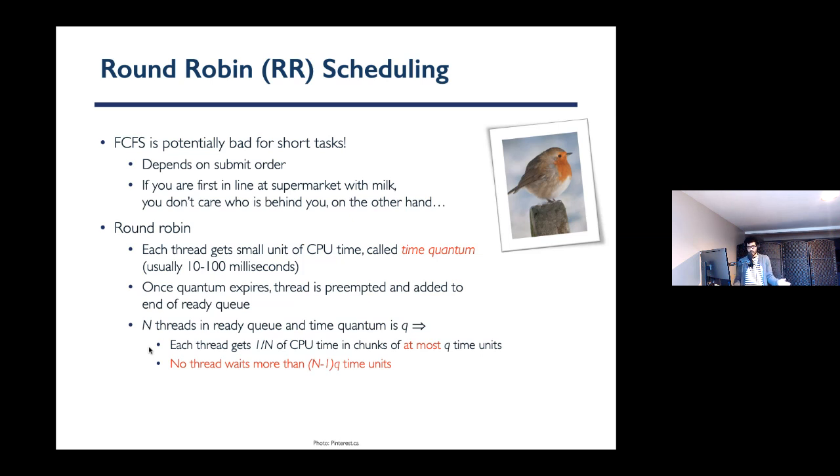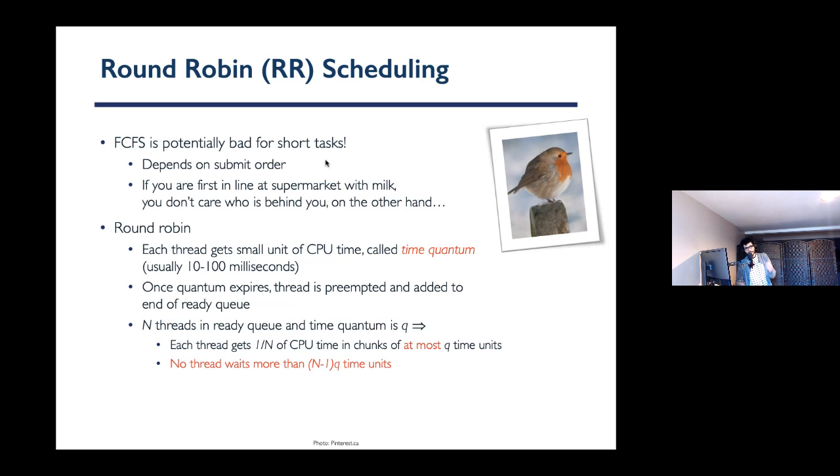At that time, you would expect each one of those threads to get 1/n of CPU time, again with all those assumptions. So basically, this is kind of fair, right? You get one time quantum, you go to the back of the list, somebody else gets it, goes to the back of the list, and so on. So on average, everybody gets 1/n of CPU time.